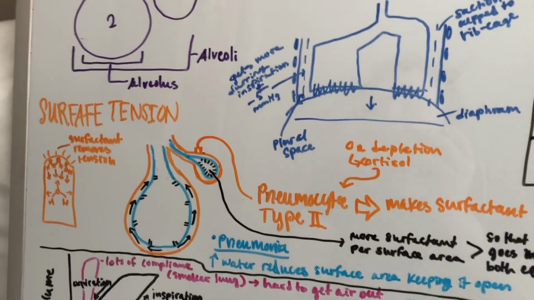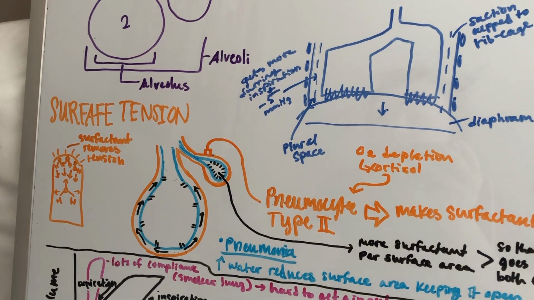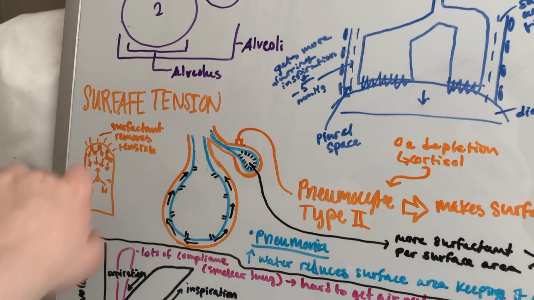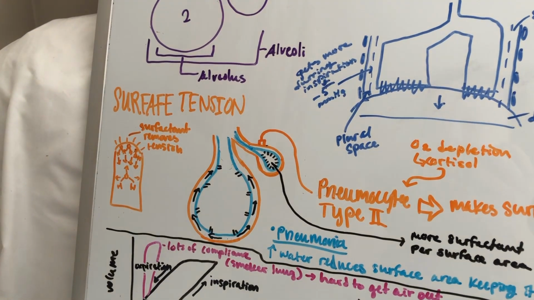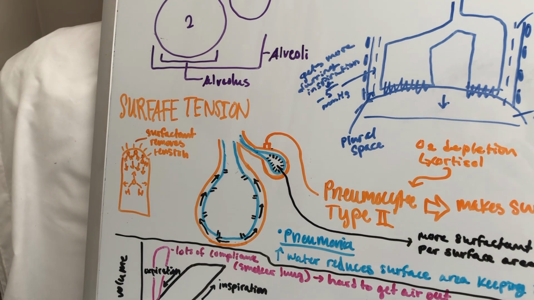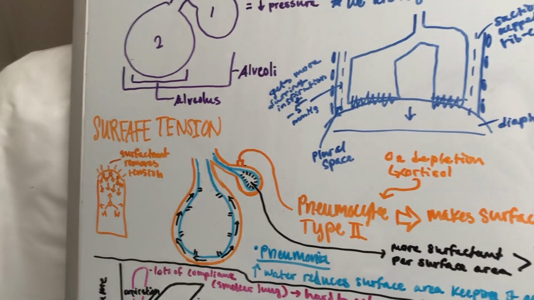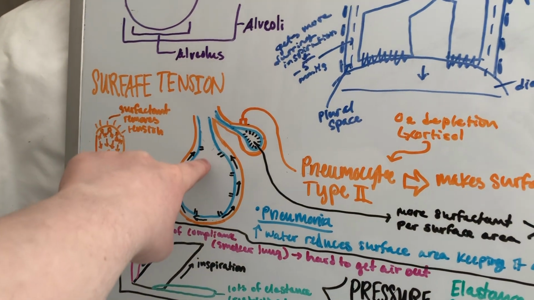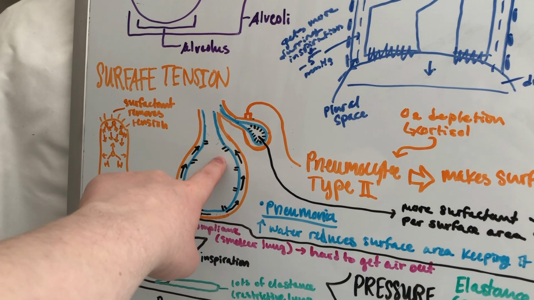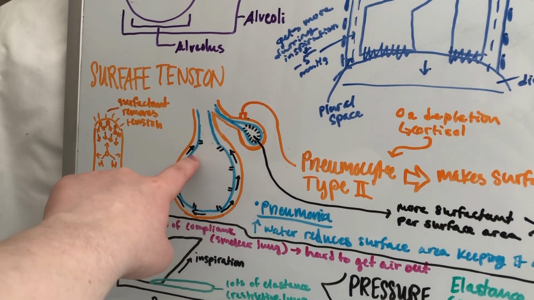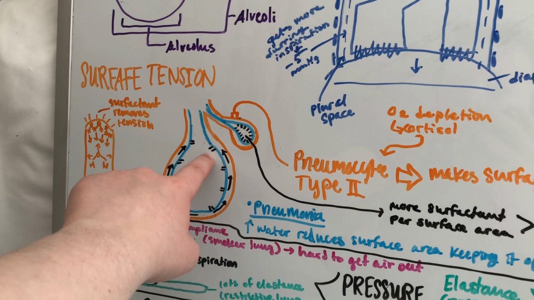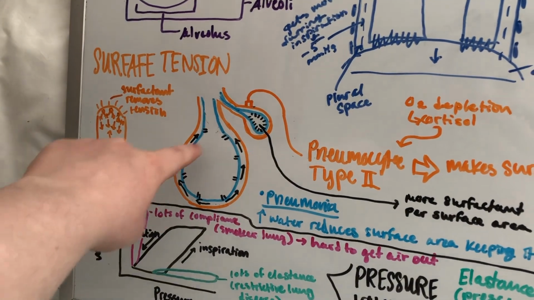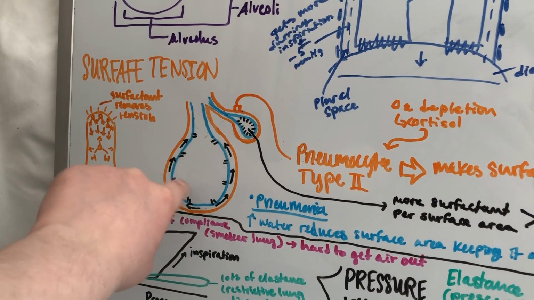So in order to understand that, we have to understand surface tension. And we have surfactant in our lungs, and surfactant removes the tension. It's kind of like a soapy substance, and it lines our lungs. So we have our surfactant shown in the black, outlining the space, allowing movement.